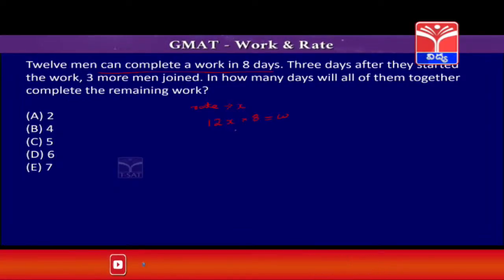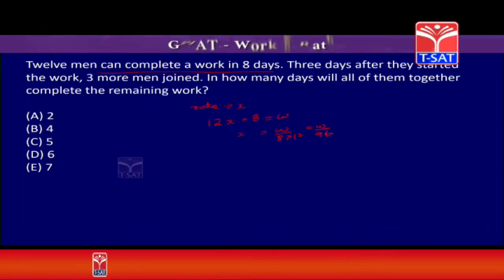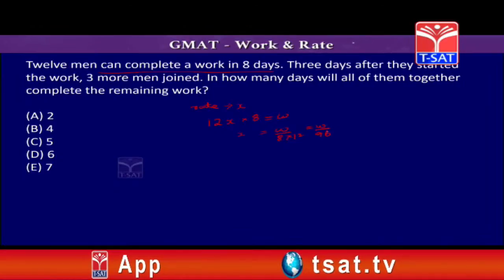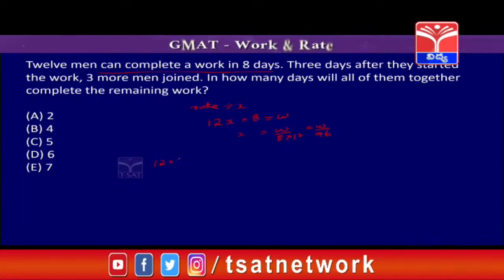So the rate x for each man is equal to W divided by 8 into 12, which is W by 96. Now it's given that for 3 days these 12 men were working. So how much work will they have done? 12 into the rate, that is W by 96, into the number of days worked, which is 3.